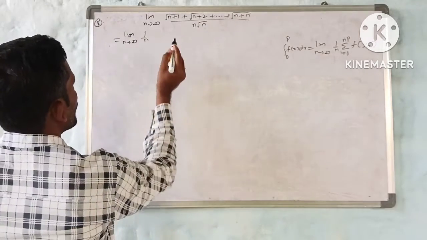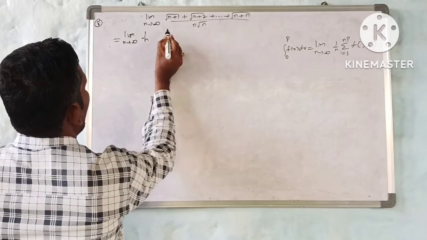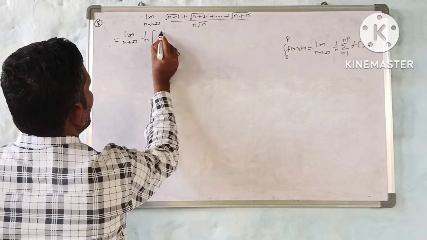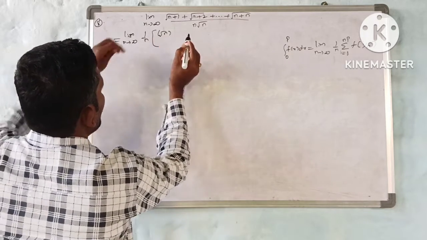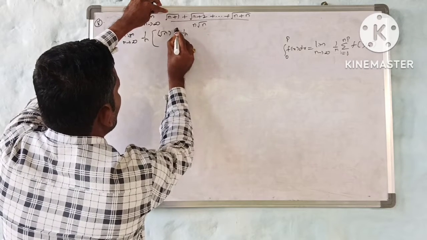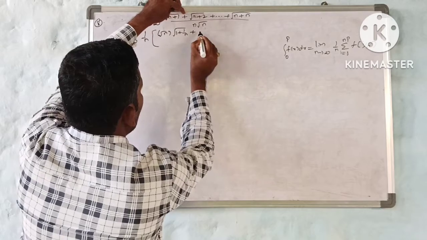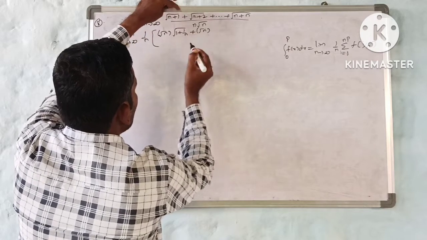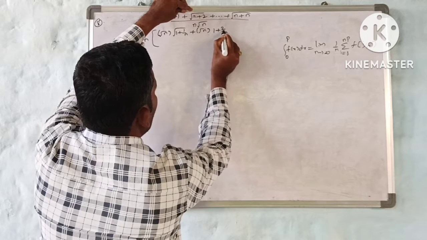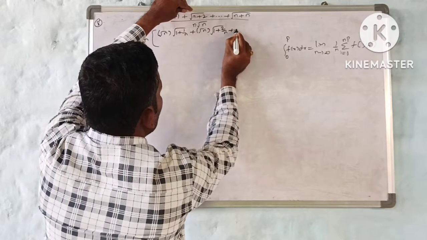Then, taking root n common in the first term, what we get here is root of 1 plus 1 by n. Also here, taking root n common, we get root of 1 plus 2 by n, and so on.